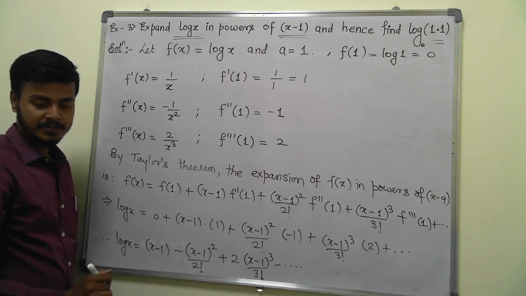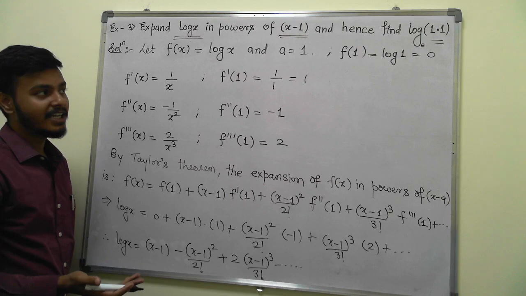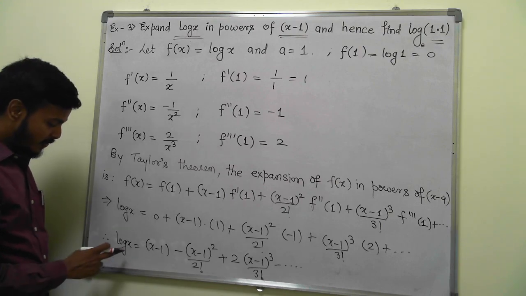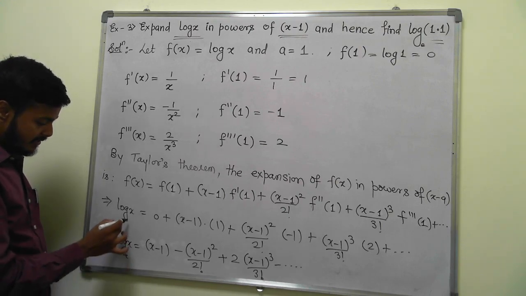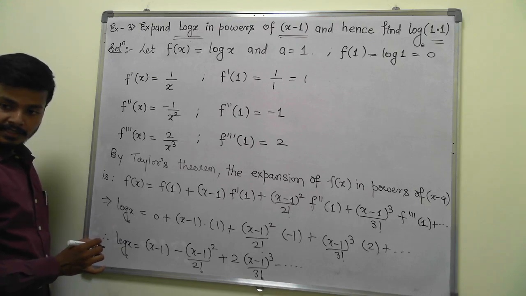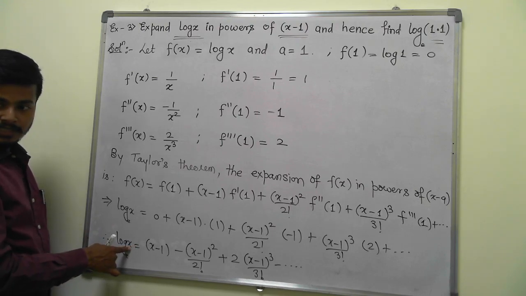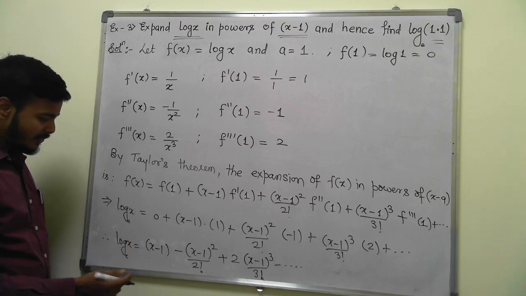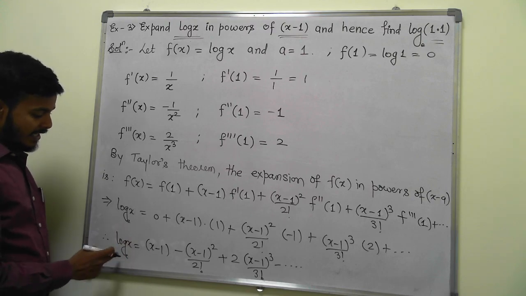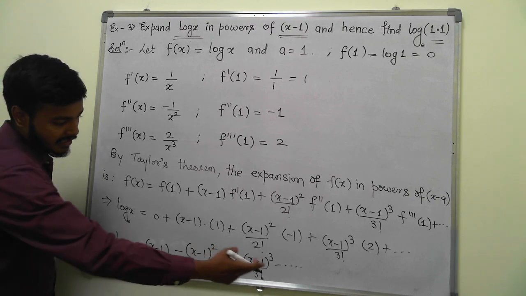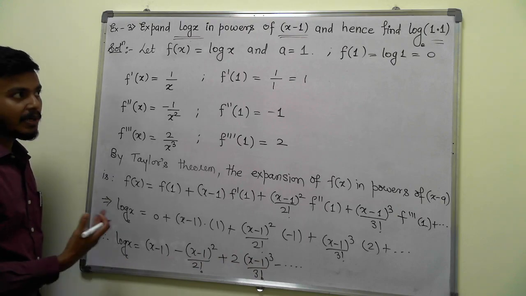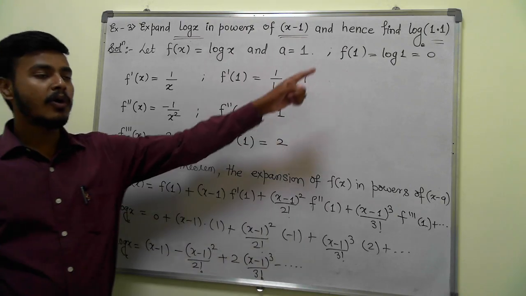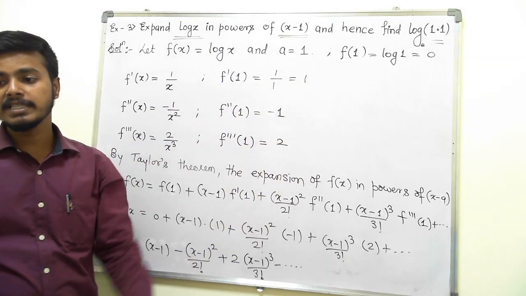I hope you might have come up with the answer. You have log x to the base e. What do you need to substitute? x is equal to 1.1. Very good. You just put x equal to 1.1 in the last step to get the approximate value of log of 1.1 to the base e.